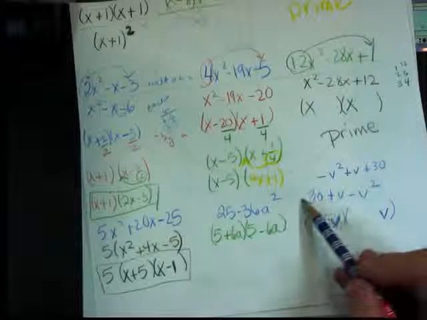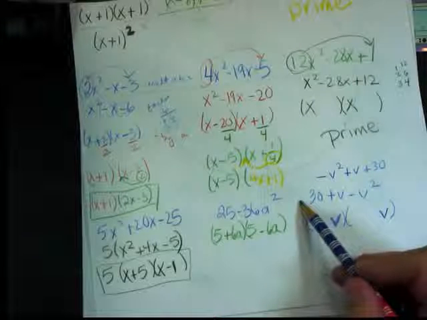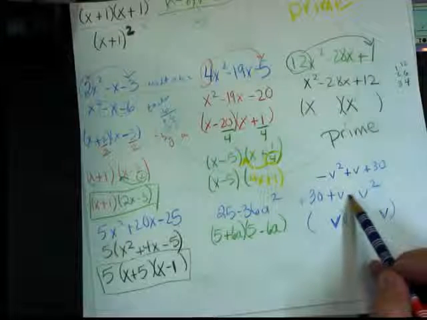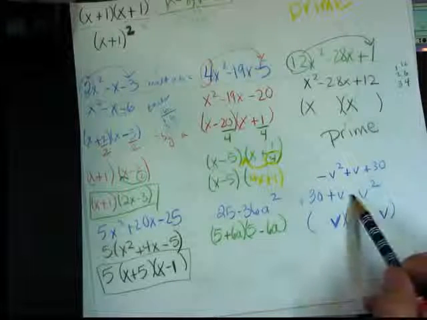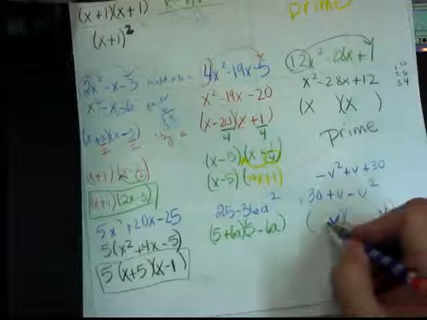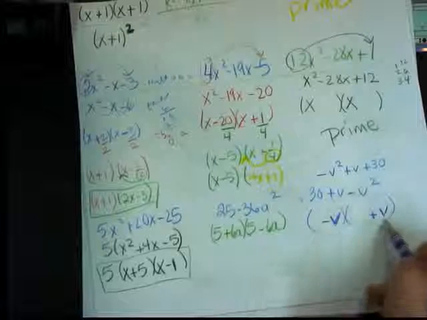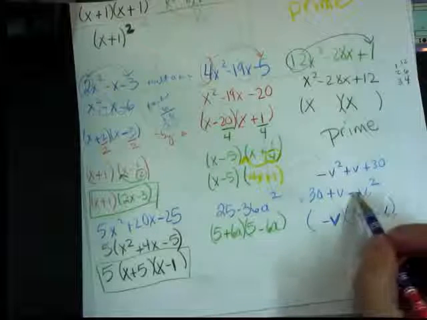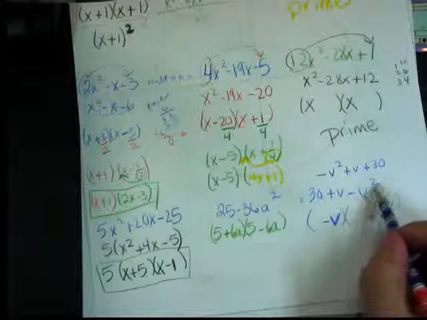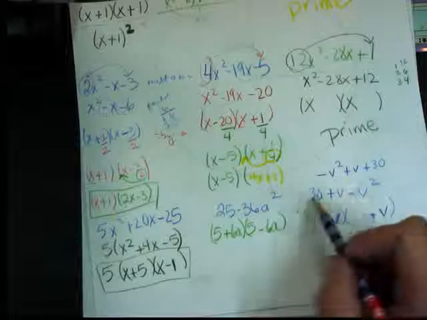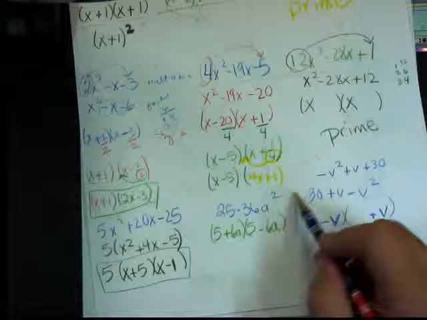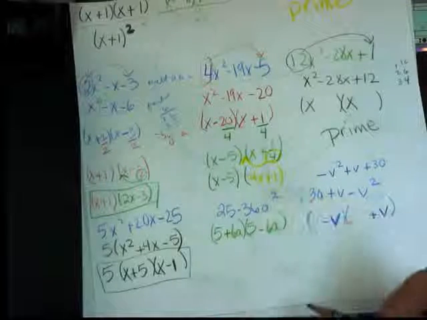And here's my sign out here. But because of this minus sign, this minus tells me I'm actually opposite signs. Because that's the only way, if I check this, minus v plus v, I can get a negative v squared. So even though this is a plus, I am subtracting.